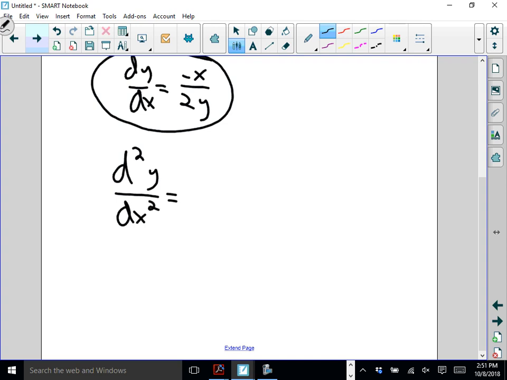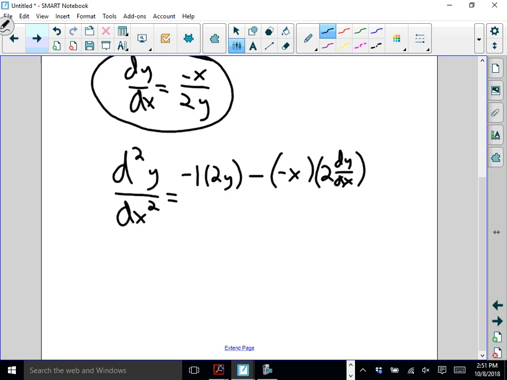That's going to require a quotient rule here. So I do the derivative of the top, which is negative 1, times the bottom, which is 2y, minus the top times the derivative of the bottom, which is 2 dy/dx. Don't forget about tacking on your dy/dx, even when we're doing the second derivative.